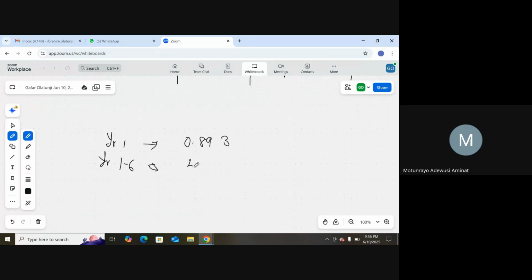4.111. You now subtract it, so whatever you get is your 2 to 6.